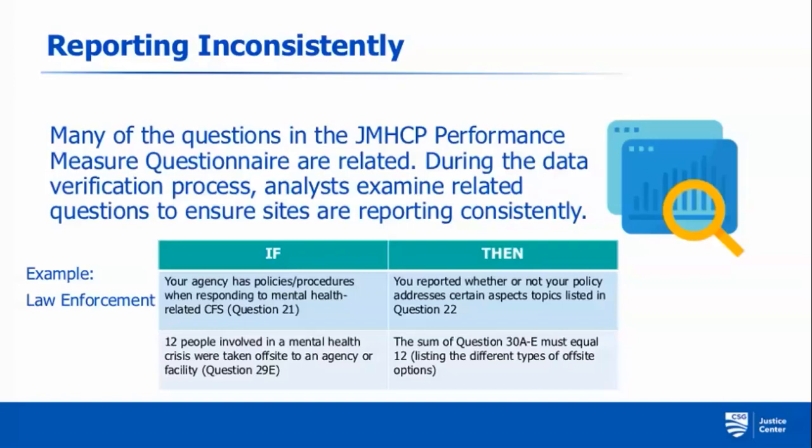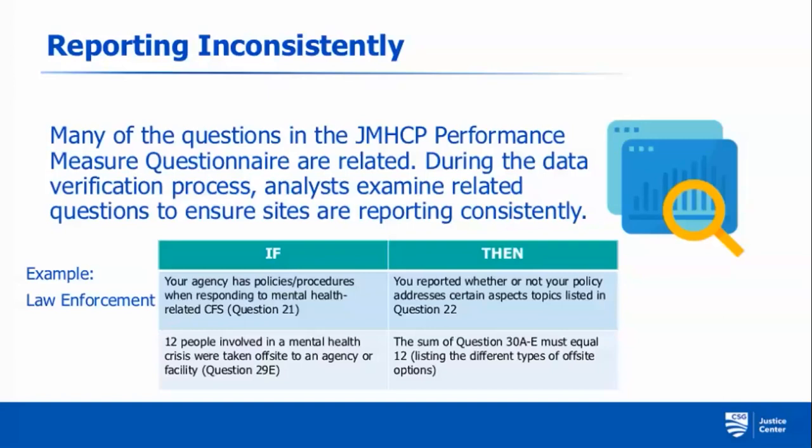Other types of questions include asking how many sworn police officers or specially trained officers do you have on your department, and you report 50. And then the next question asks, of those specially trained officers, how many of those individual officers responded to mental health related calls for service?